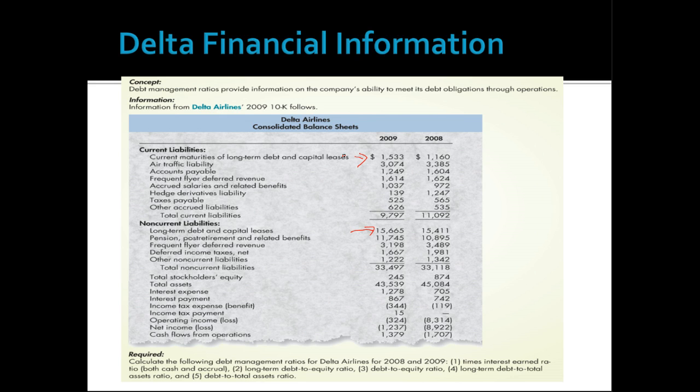And then I'm going to divide that by Delta's total equity, which I see right here. Total stockholders' equity for 2009 is $245 million. So I'm going to take the total long-term debt, which was the 15.665 plus the 1.533, and I'm going to divide by the 0.245.